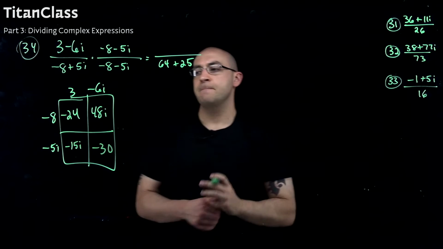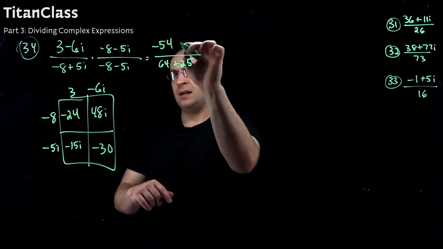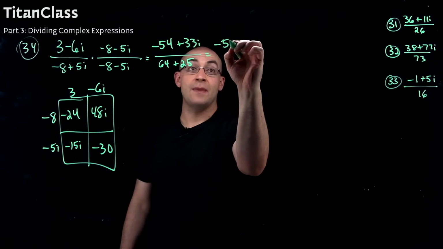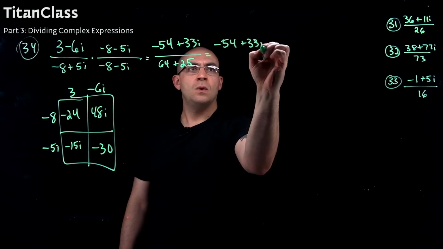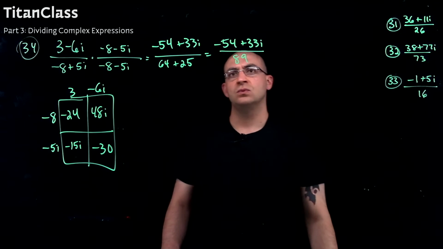All right. Combine like terms, that's a negative 54 and a positive 33i. Combining like terms on the bottom will give me 89.